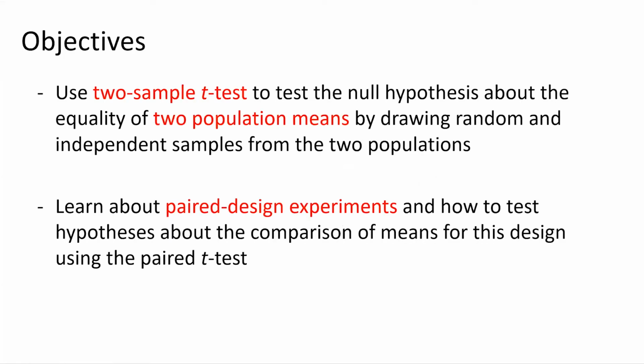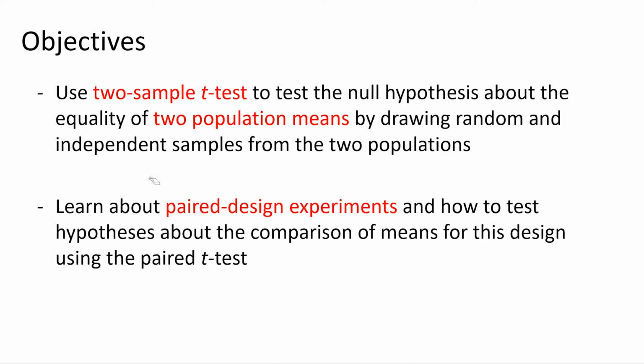So now on to these 2-sample t-tests. We use these 2-sample t-tests to test the null hypothesis about the equality of 2 population means, or 2 sample means, is really what that should say, by drawing random and independent samples from the 2 populations.